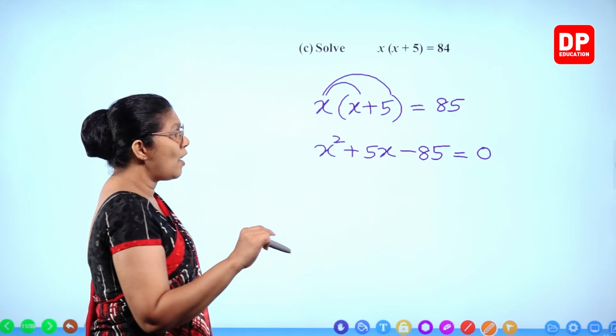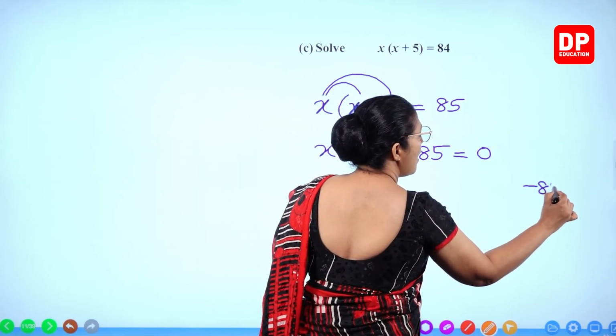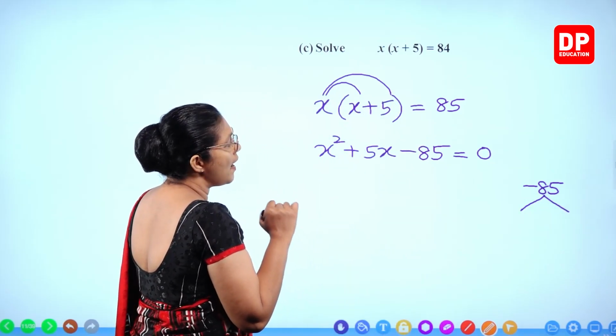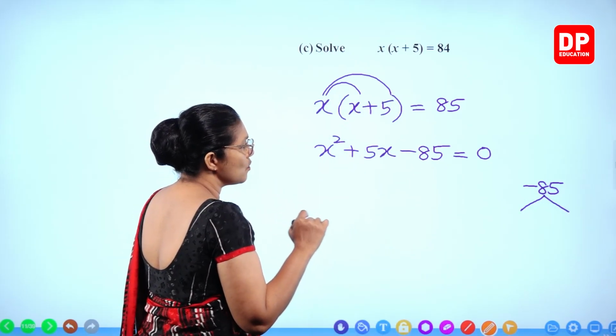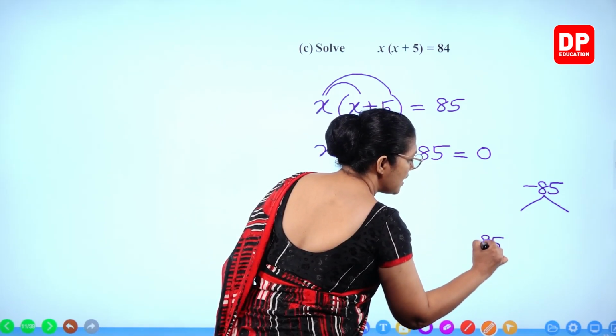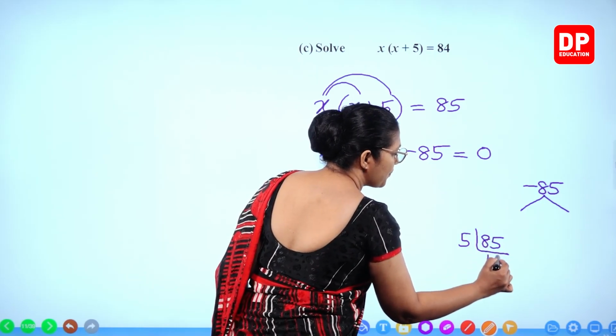Now you have to find out factors of minus 85, and then when you factorize, you need to get 5. What are the factors? So if you can't figure it out at once, let's divide and see. Divide by 5, you get 17.